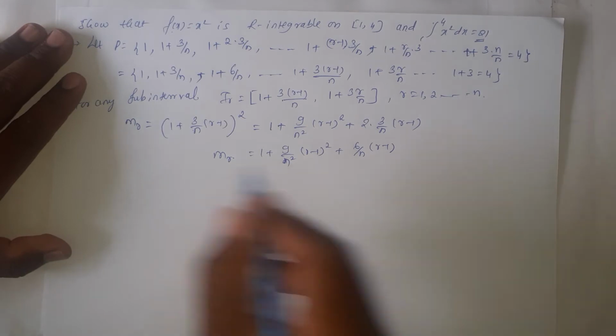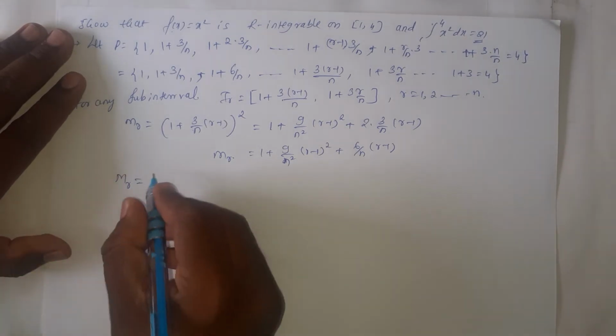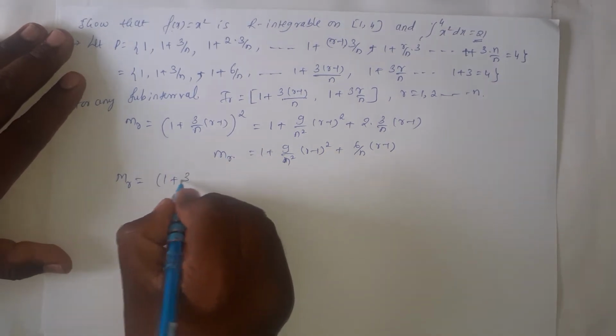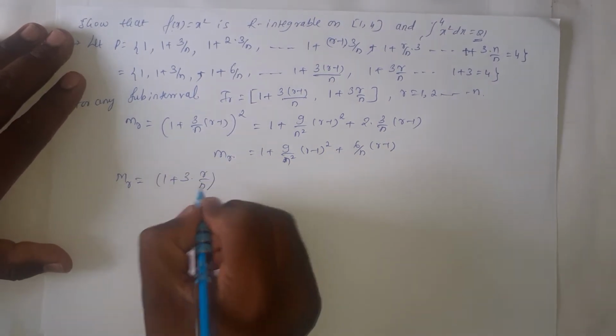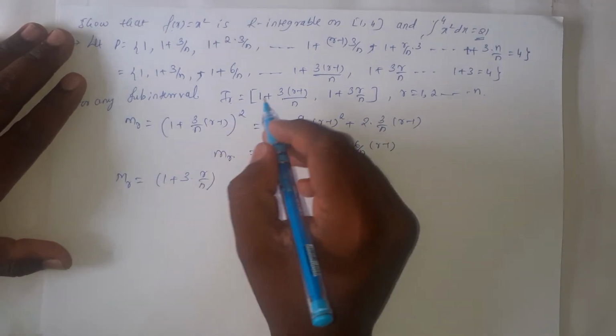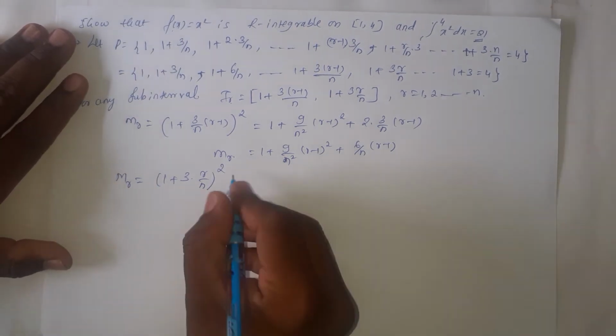So it is the given infimum, that is small m_r: 1 plus 9 by n square (r minus 1) whole square plus 6 by n (r minus 1). Similarly, we can find the supremum, that is capital M_r: (1 plus 3 times r by n) whole square, because it is the upper limit of the interval I_r, since the given function is x square.